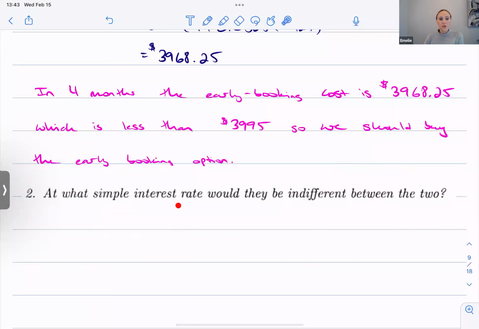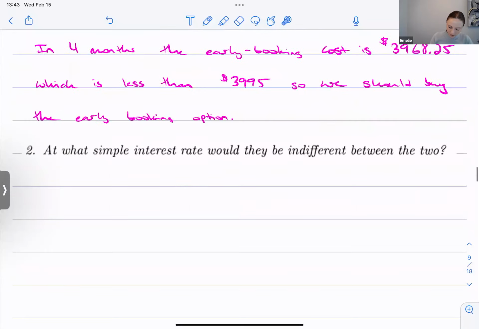At what simple interest rate would they be indifferent between the two? Okay. So at what rate of interest would we need to have from the bank in order for, at the end, so in 4 months, $3,900 to be worth $3,995, right? Then it would be the same. Yeah?